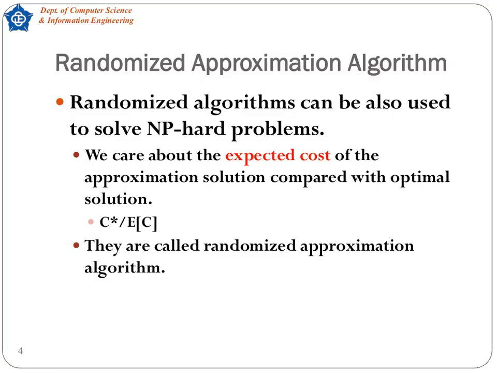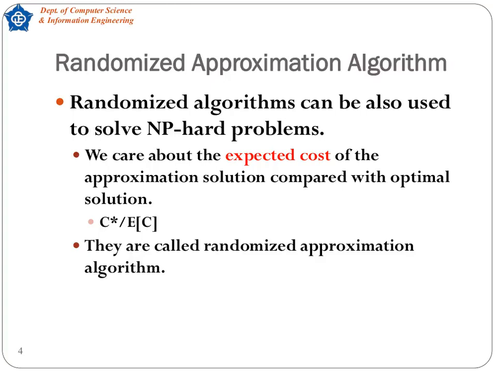This crucial relationship is often expressed by the formula you see, C star divided by the expected value of C, where C star, of course, represents the optimal cost. And it is precisely these characteristics, their randomized nature and focus on approximation, that lead to them being specifically called randomized approximation algorithms.